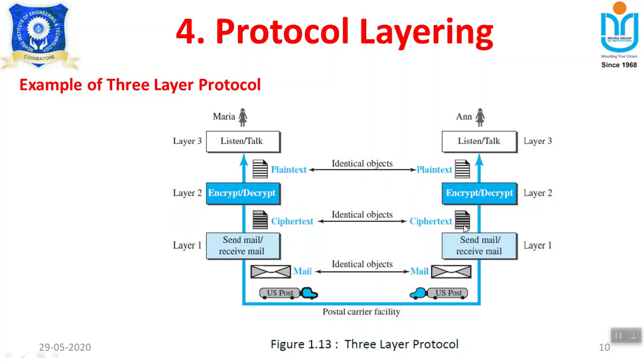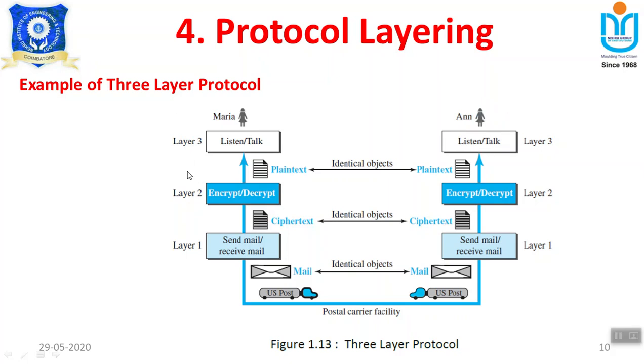For converting ciphertext to plain text, we want to use a decryption mechanism. That means the unreadable format of the message will be converted into a readable one, that is called plain text. Then after converting, it will be handed over to Anne. So she is the receiver, and she is going to listen to the content which is present in the mail.